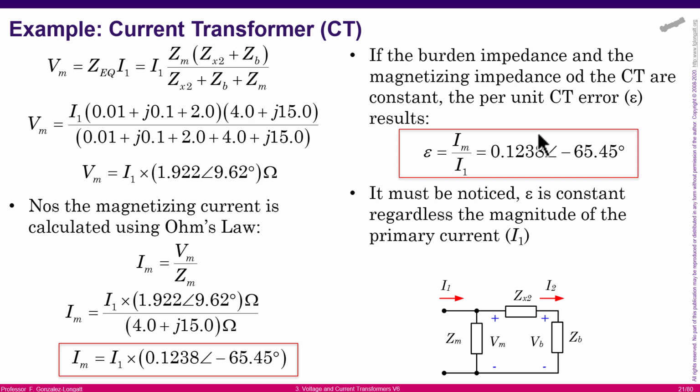Something that you must notice here is that the per unit current transformer error is independent of the magnitude of the primary current.